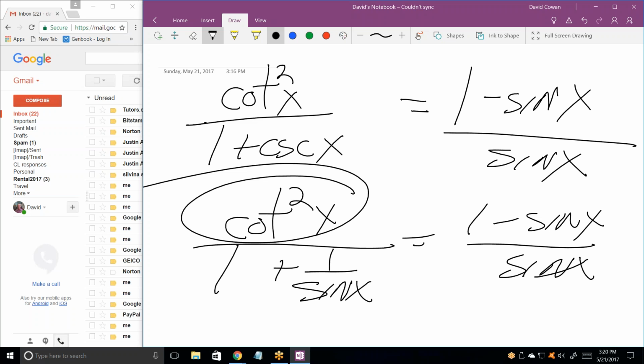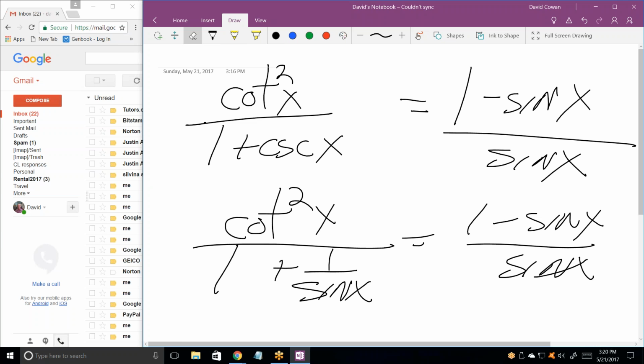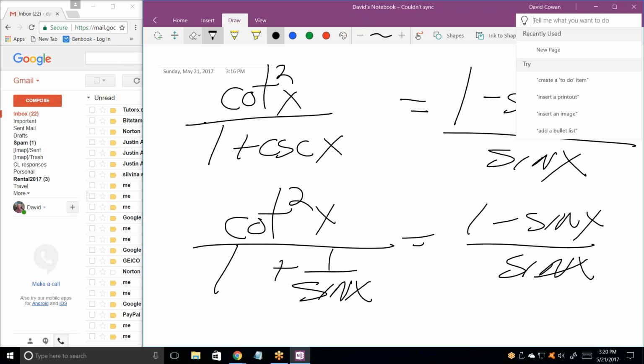I could have actually converted that to cosine over sine. But I think that would have taken a few more steps. Which tells me that when you see cotangent squared, use the Pythagorean identity immediately. Okay? All right.